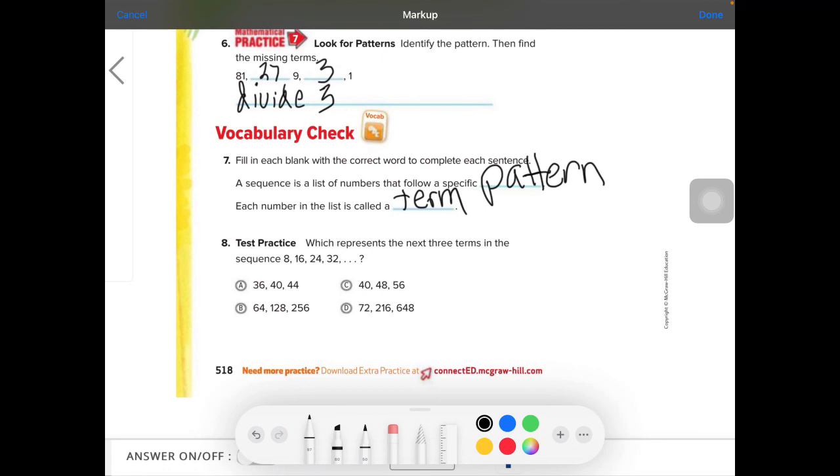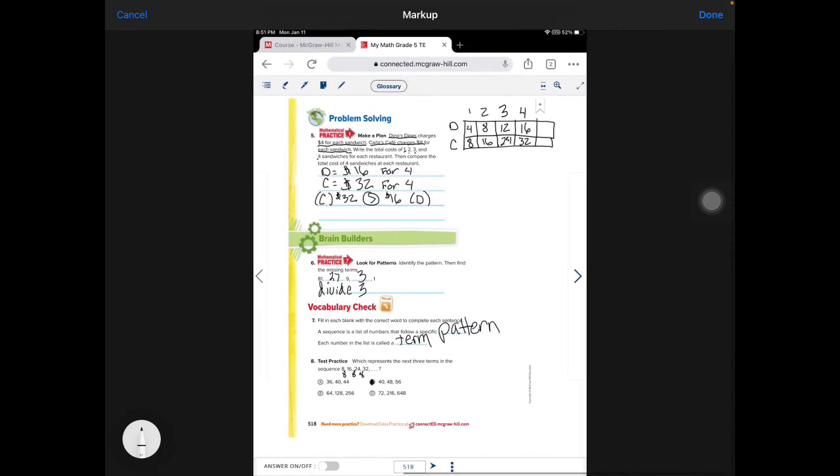Next, find the next 3 terms in the sequence: 8, 16, 24, 32. They are each going up by 8. So if you skip count, we have 40 that's going to be next, 48, 56. There you go. Rip it out and turn it in.